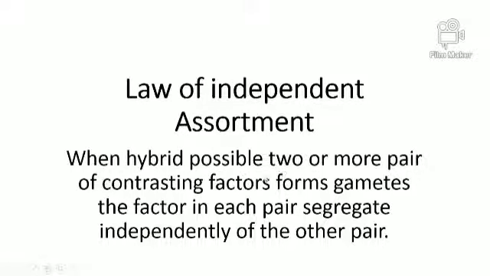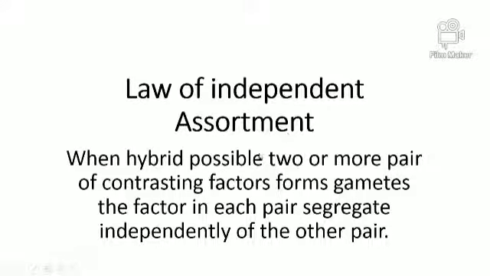So we take these two contrasting characters, then there is a cross between them, and the factors form gametes. Then the factors in each pair are segregated independently of each other. These pairs are also separated from each other independently, and that is called independent assortment.